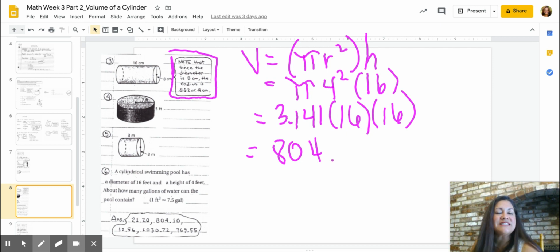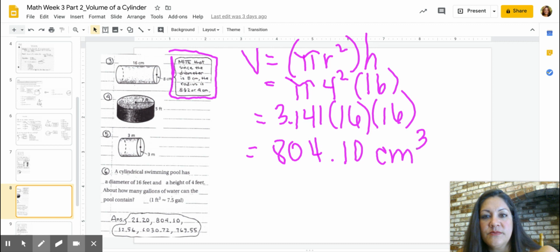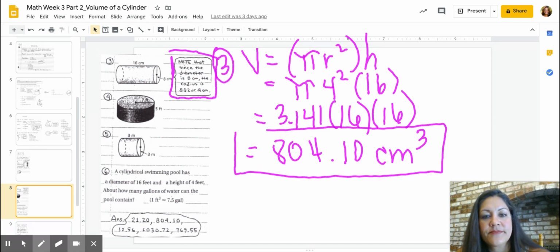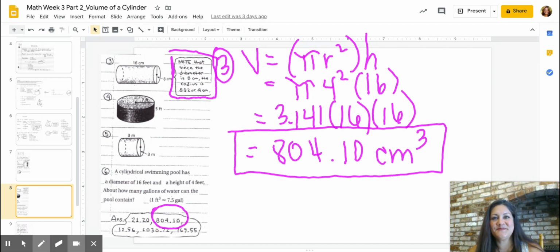The direction said to round to the nearest hundredth, so 804.096 would round to 804.10. That's going to be centimeters cubed. This is number 3. And there it is, there is our answer.